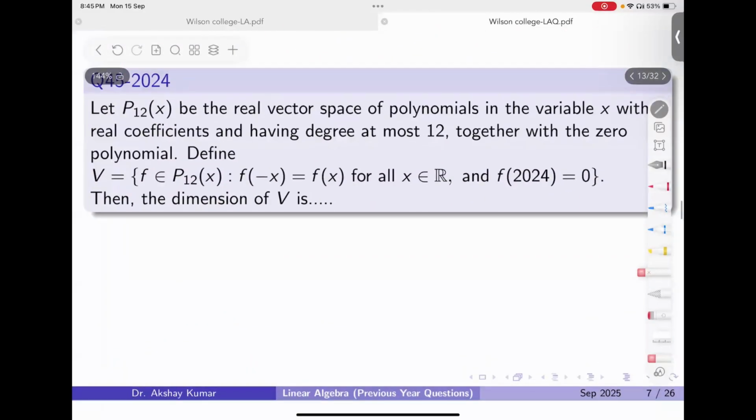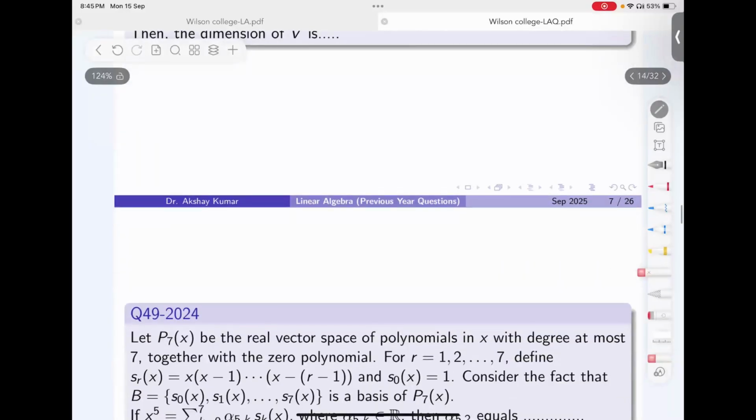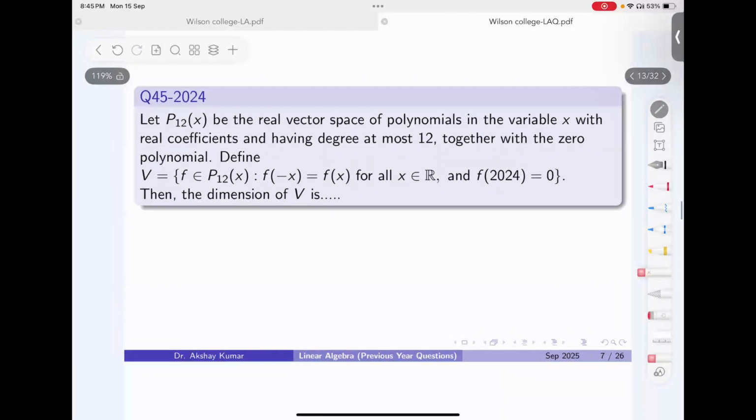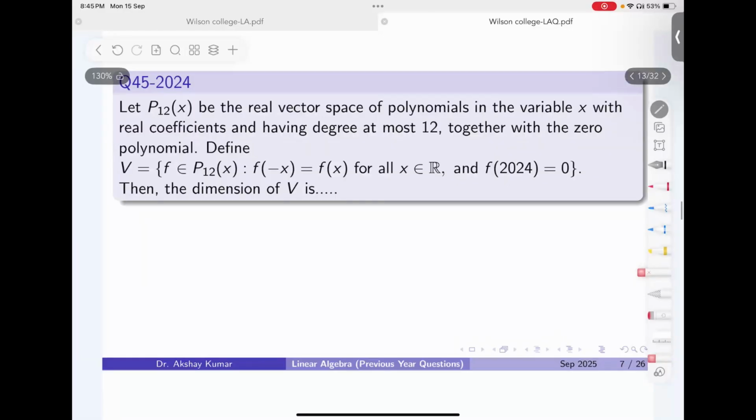Okay, so one more question is there. P12(x) is the real vector space of polynomials in variable x with real coefficients, with the zero polynomial. Now the space V is the polynomials which satisfy this condition, that is called even polynomials, even functions, right?